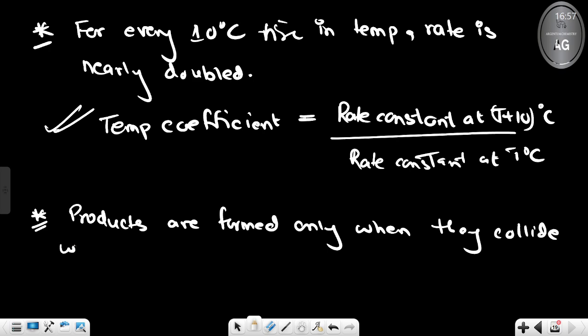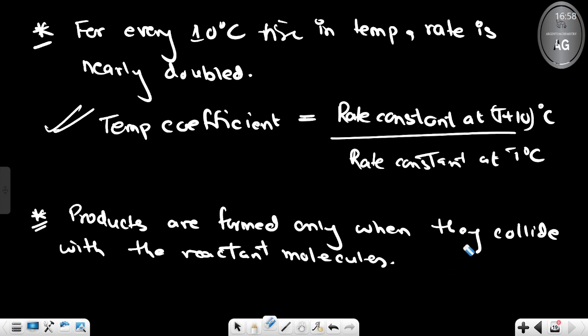So products are formed only when they collide with the reactant molecules. Clear? Who are the they? When reactant molecules only collide, not that products are colliding.